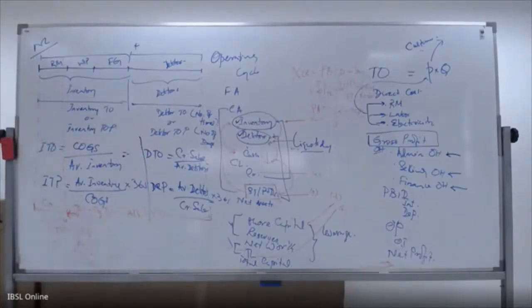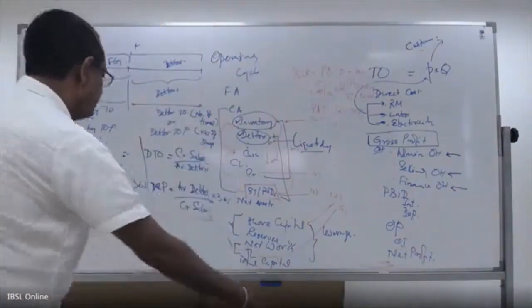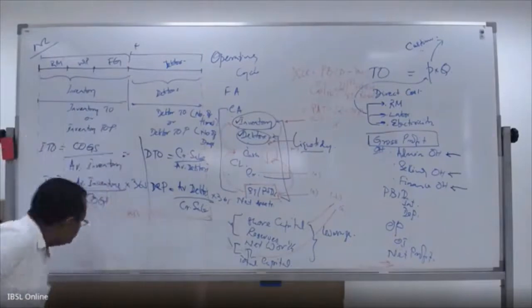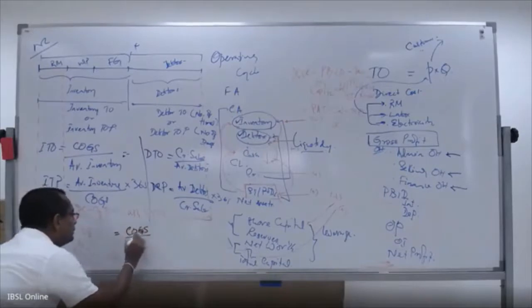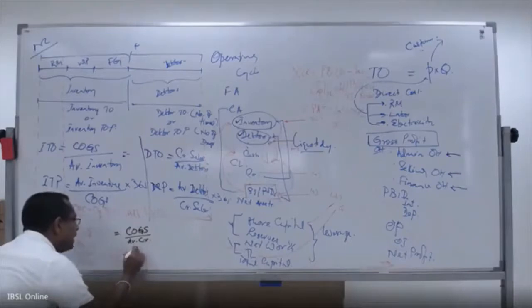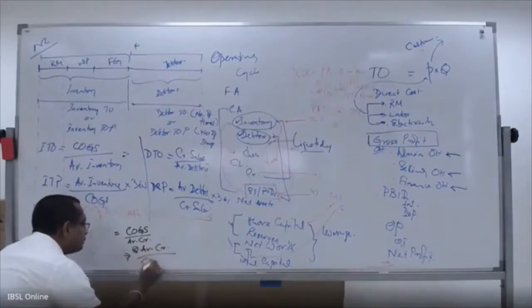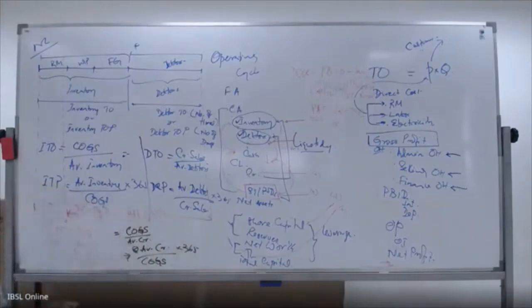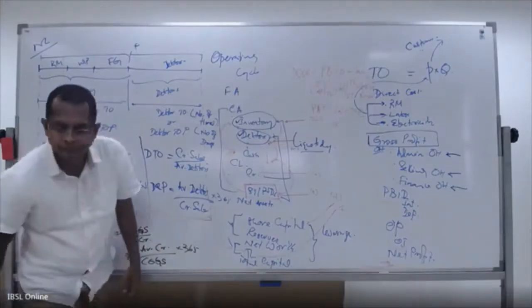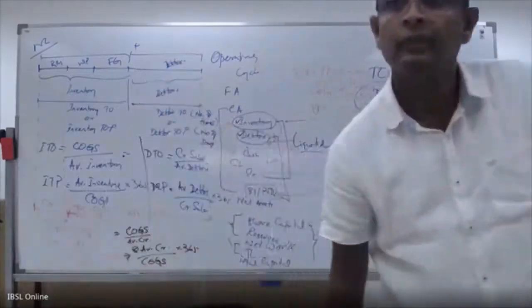Right? Average creditors, can you see? This is number of days, this is times. Right?